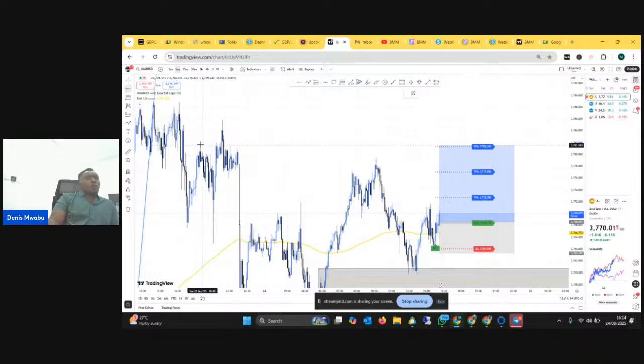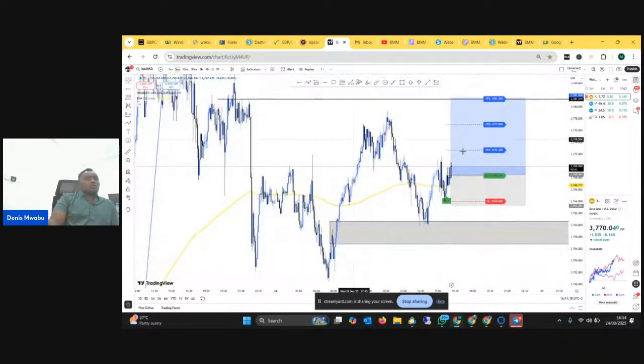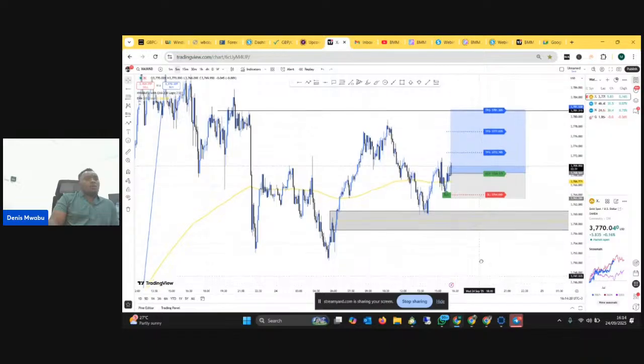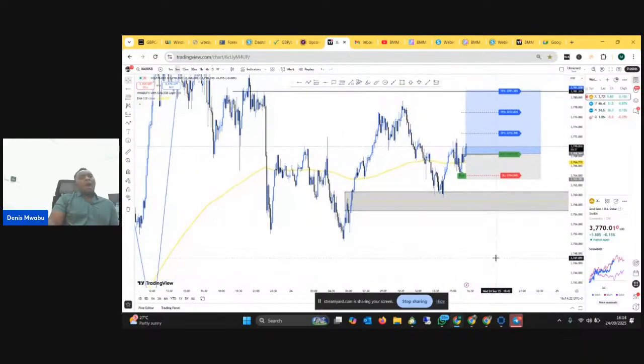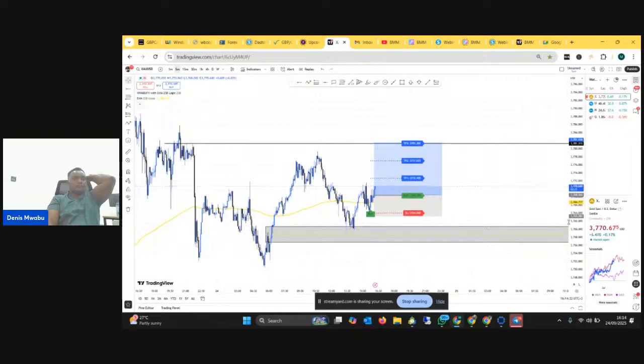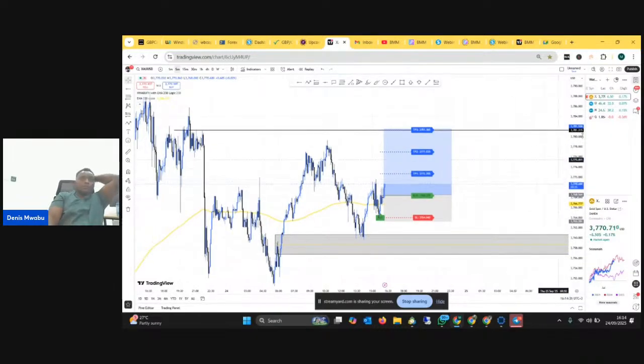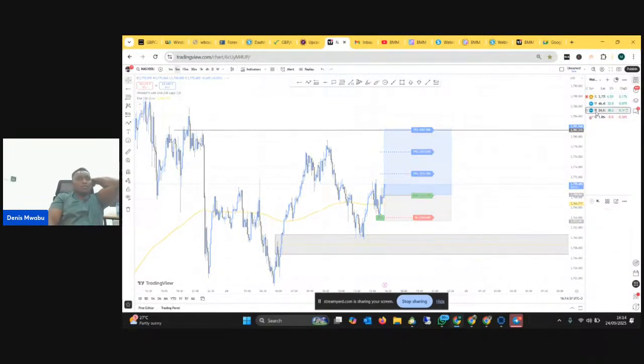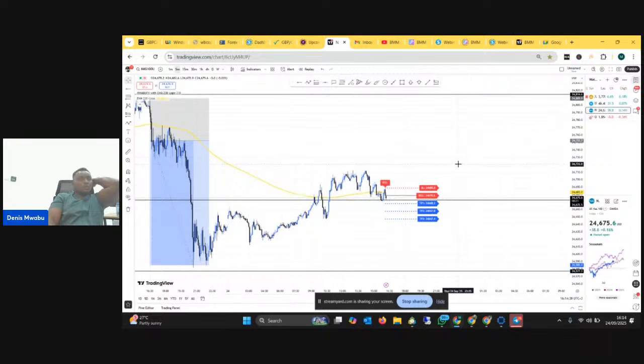You can look for buys for gold up to like these areas here. Right, so that is gold, Nasdaq.